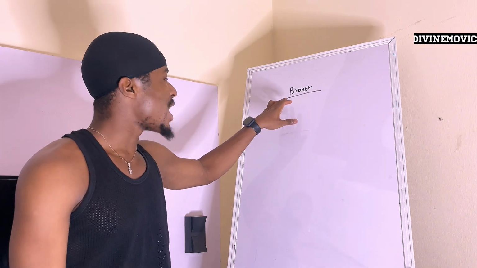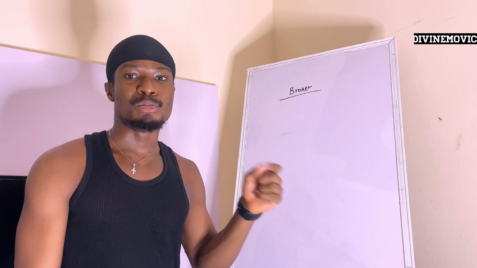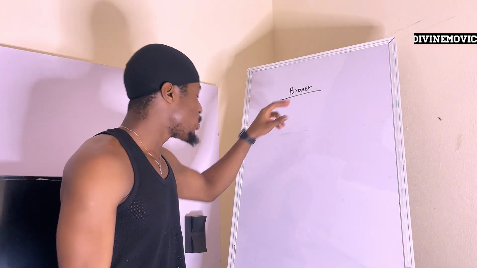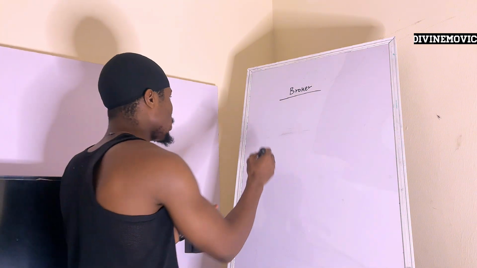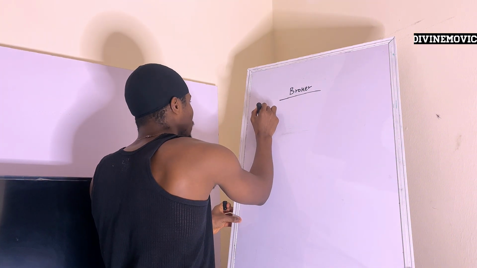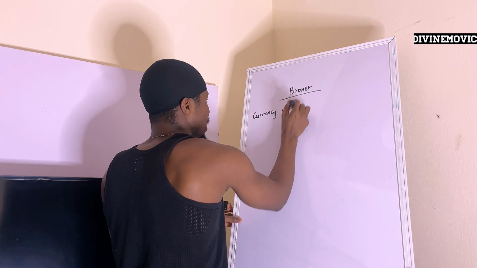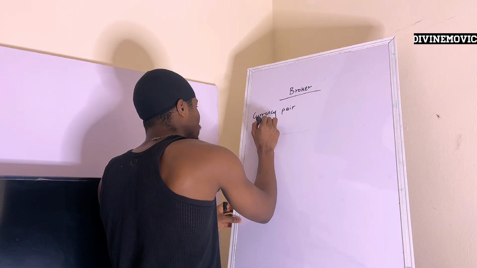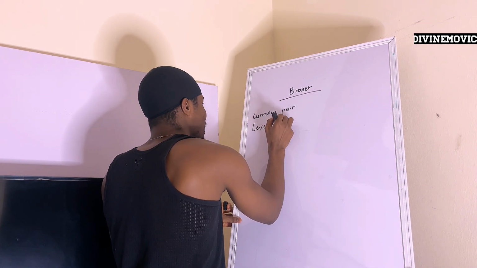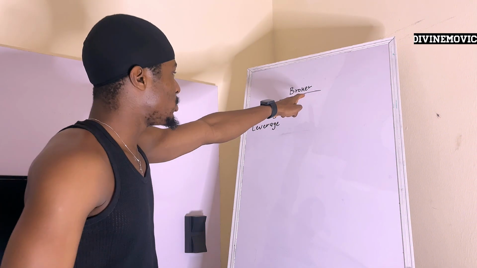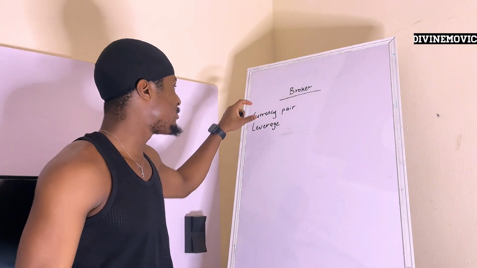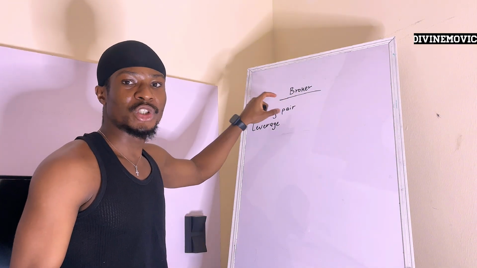You have to have a broker that will give you access to buy or sell any currency pair. Now, this broker is simply what provides for you currency pairs and leverage.